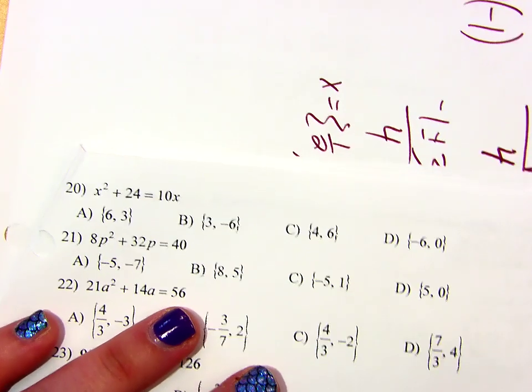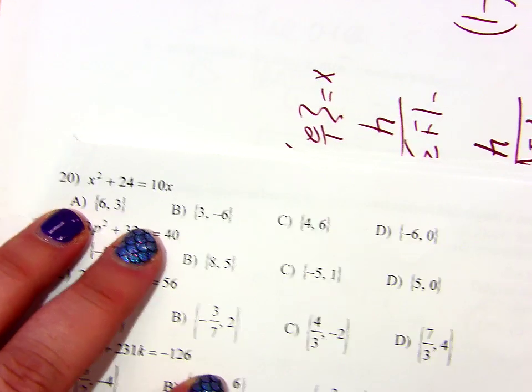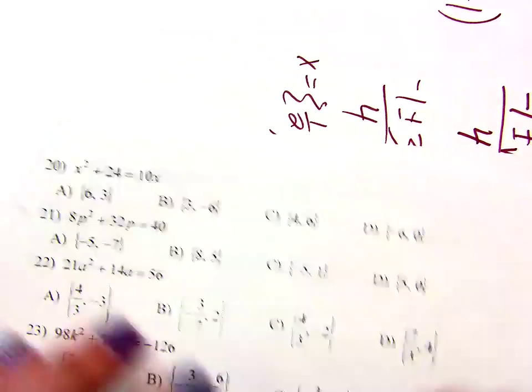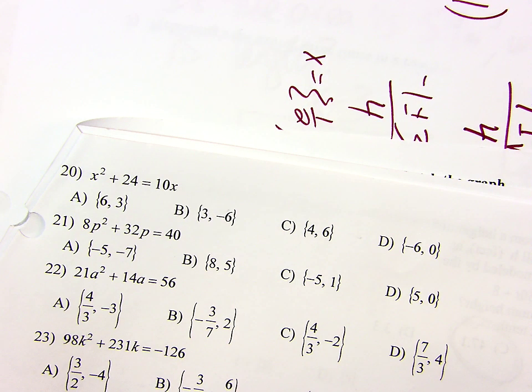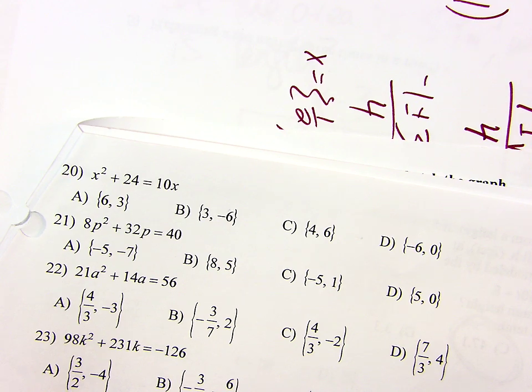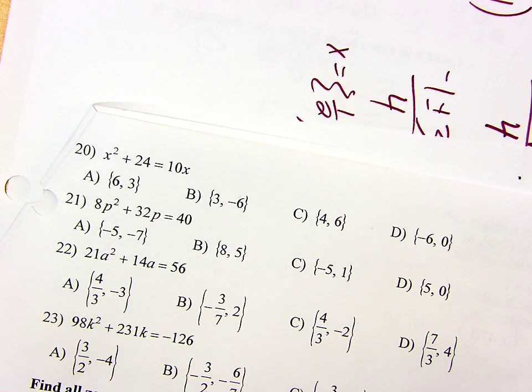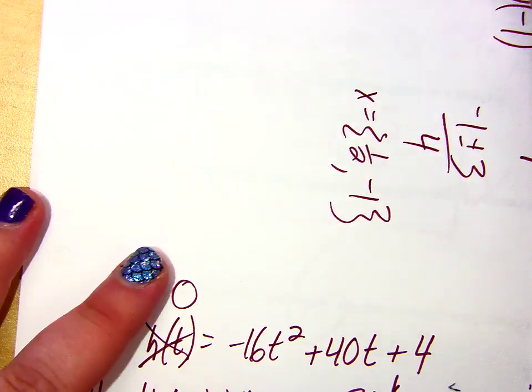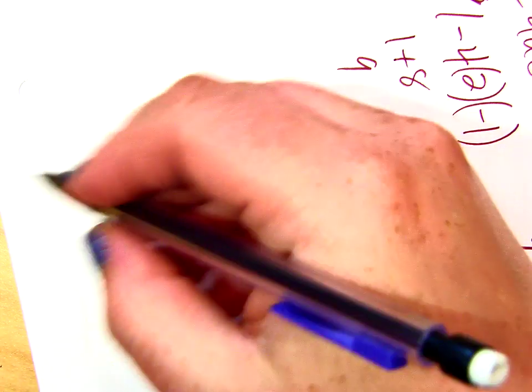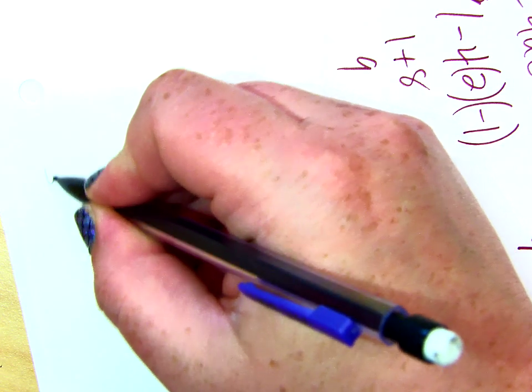So number 20, you're supposed to solve this thing, right? But you wouldn't do 20 like that. I'm going to make one up because none of these seem to make sense with that. So let's say you had a quadratic and it was, oh, I don't know.